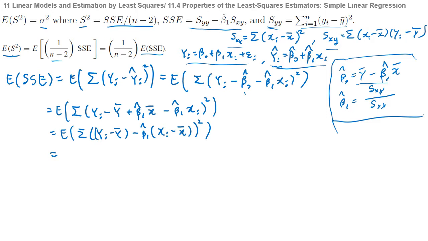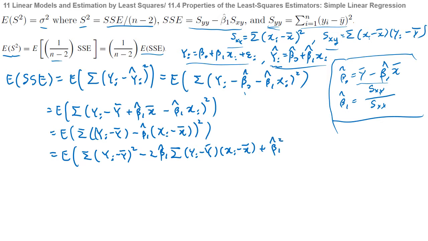Now we can re-express this as the expected value of the sum of yi minus y bar squared, minus 2 times beta 1 hat times the sum of yi minus y bar times xi minus x bar, plus beta 1 hat squared times the sum of xi minus x bar squared.